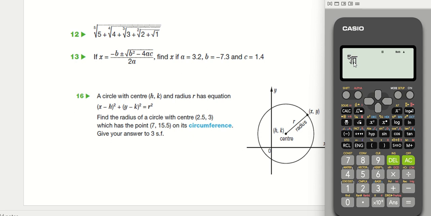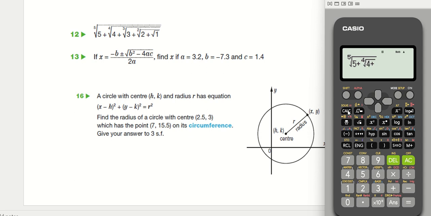What do we have inside? You can go by the arrow. You will have 5 plus, then another root, which is the fourth root. So you will use the shift with this root, and input the index of the root, which is 4. Go down the root and input 4 plus.